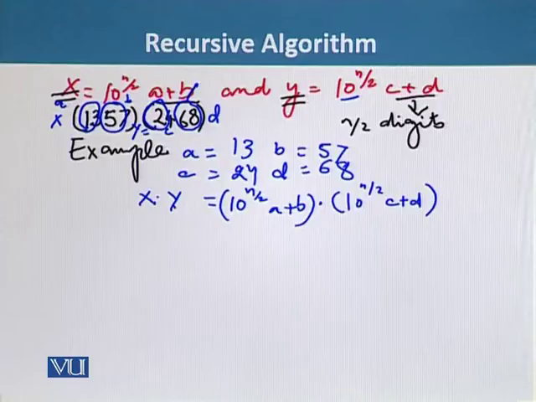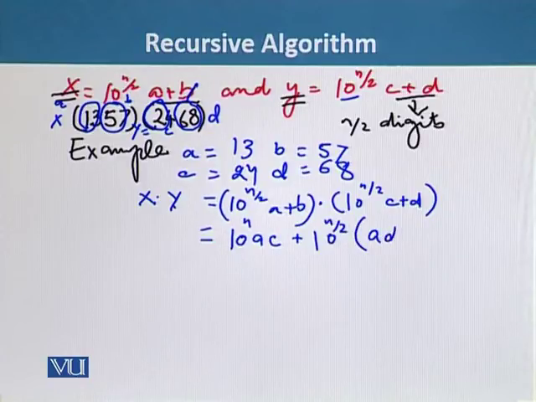So the outcome of this, when we solve this simple algorithm problem, is that we get the answer 10^n ac plus 10^(n/2) ad plus bc plus bd.